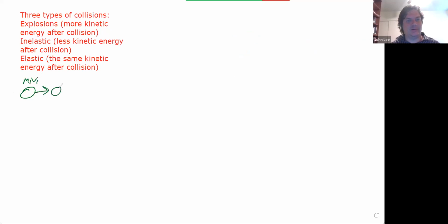It hits another ball that's stationary, and then this goes to m1 v1 and then m2 v2.